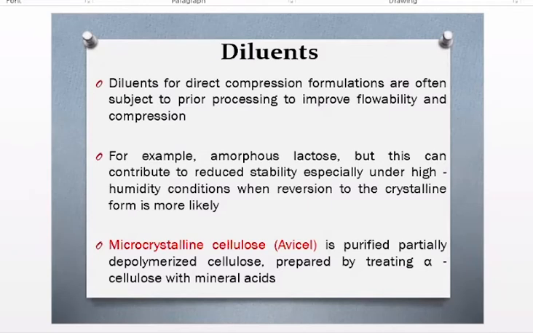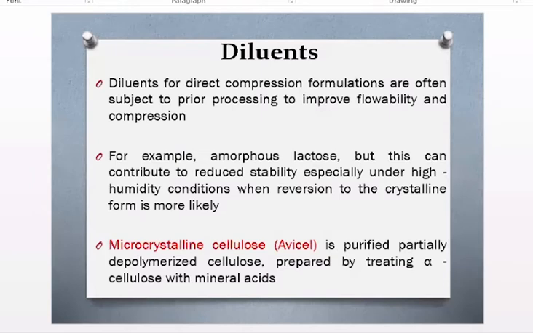Then you have another excipient which is commonly used, which is microcrystalline cellulose. One of the most widely used brands is referred to as Avicel, which is purified, partially depolymerized cellulose, prepared by treating alpha cellulose with mineral acids.